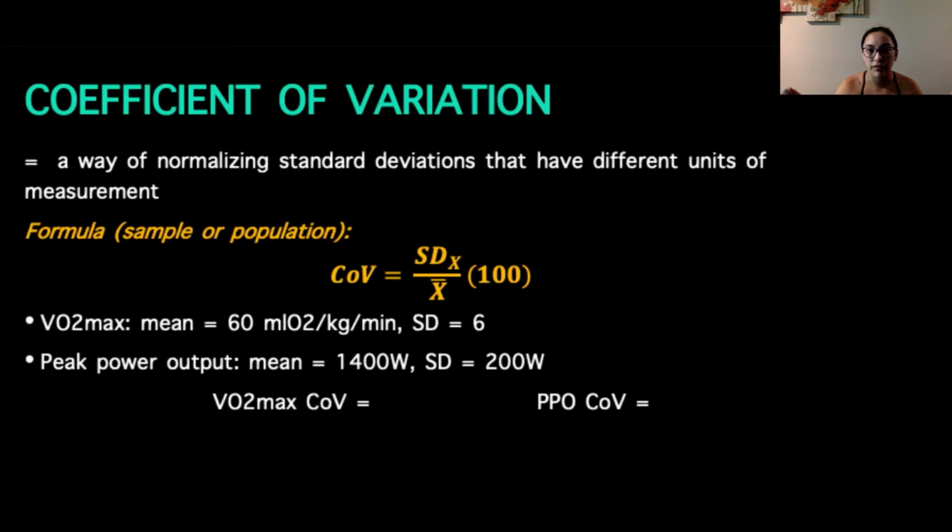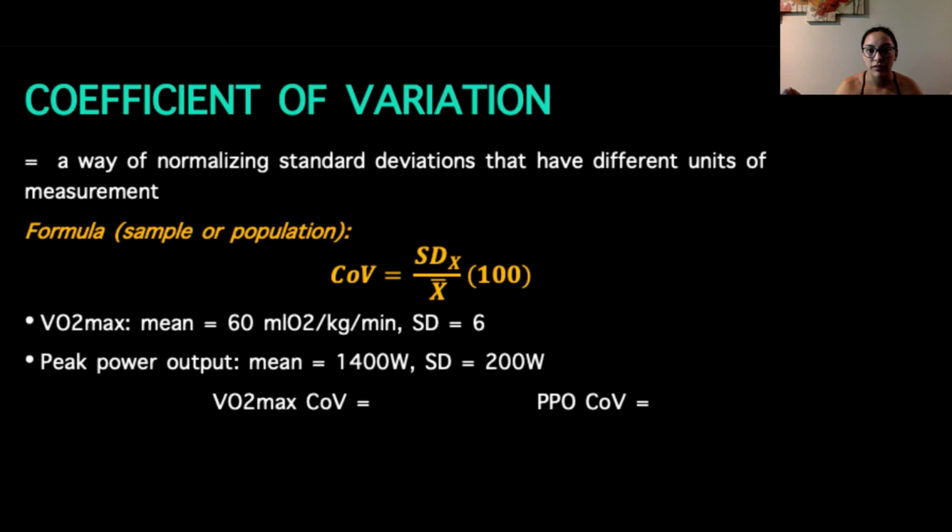The last measure of variability is our coefficient of variation. This is a way of normalizing standard deviation, so we would also refer to this as a type of standard score, meaning that it doesn't matter what the units of your dependent variable are. Maybe we're looking at how many squats, how many push-ups, how many pull-ups a person can do.